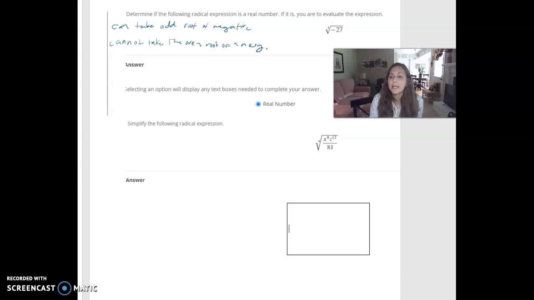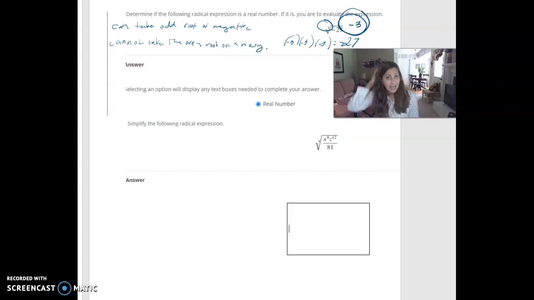Okay, so right here, we're asking for the cube root of negative 27. You can take that because negative 3 times negative 3 times negative 3 is negative 27. So that is doable. The answer is negative 3. You can take the odd root of a negative. So that is a real number.